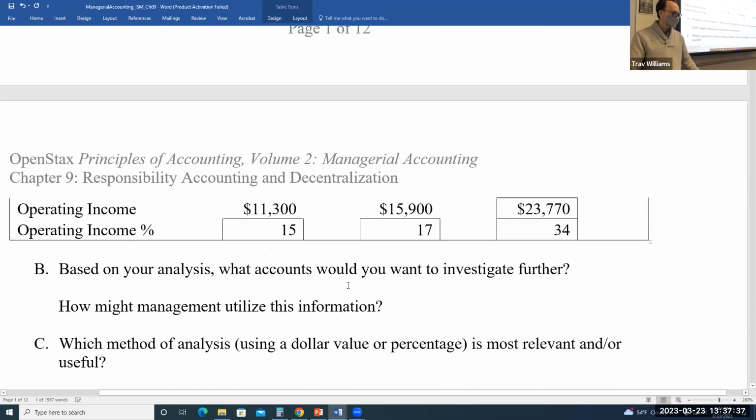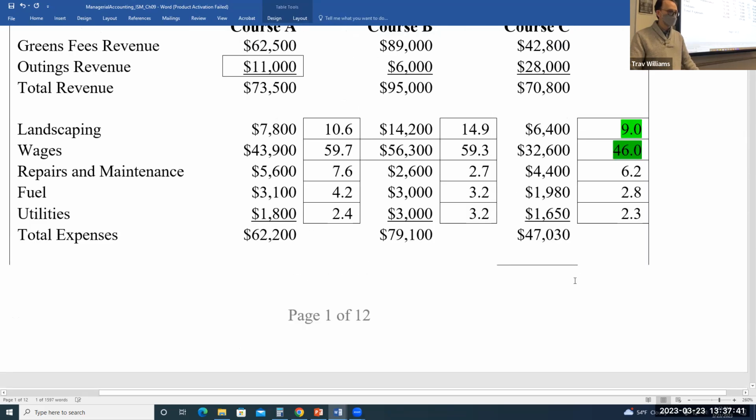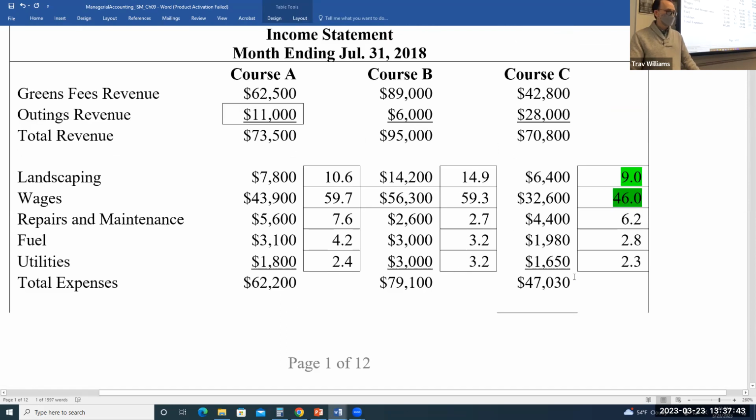So based on our analysis, what accounts would we want to investigate further? Well, there's a pretty big difference here with landscaping, definitely with wages. With repairs and maintenance, actually course C is a lot higher than course B, so not sure that's really worth investigating.